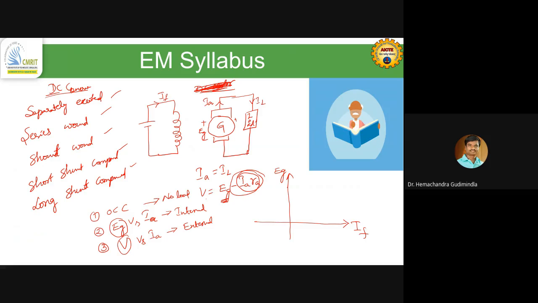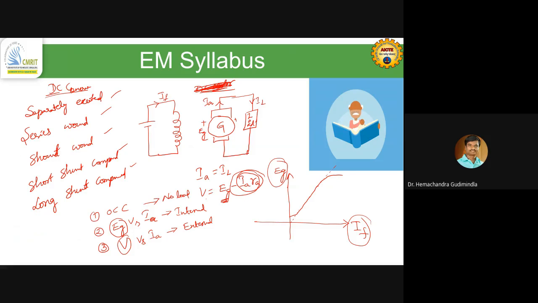We can say it is a linear characteristic. In the practical case, we can draw the waveform like this, until the saturation period, right? So this is the no load characteristics. These characteristics are the same for all generators, because if the field current increases, the generated EMF also increases.